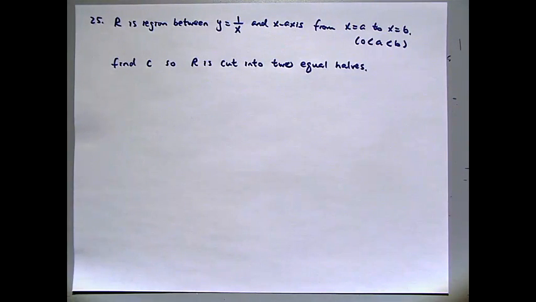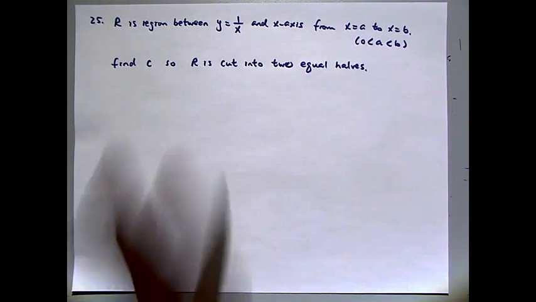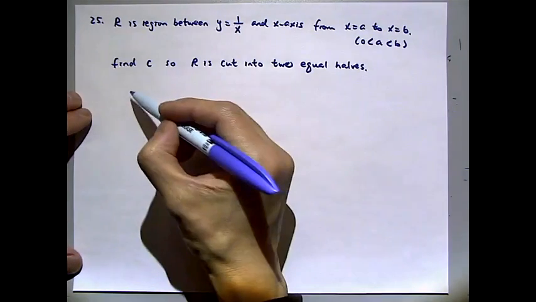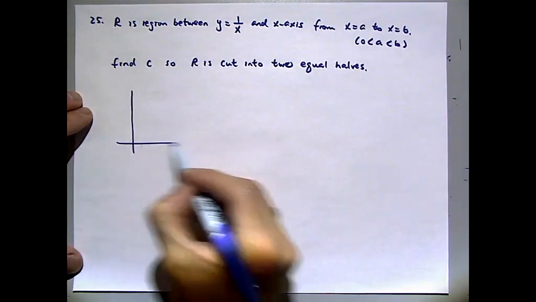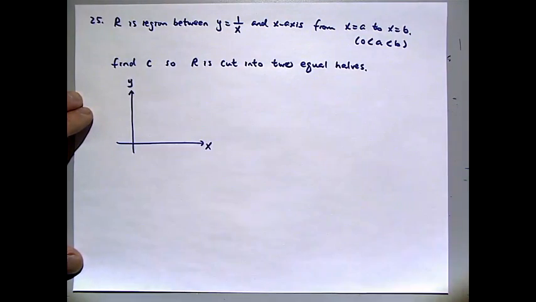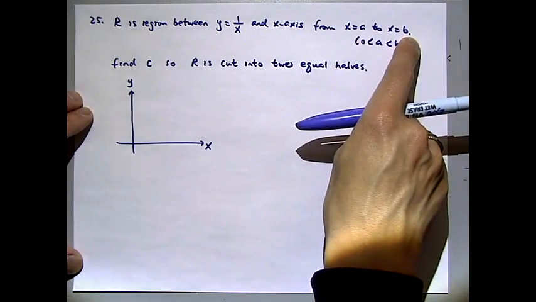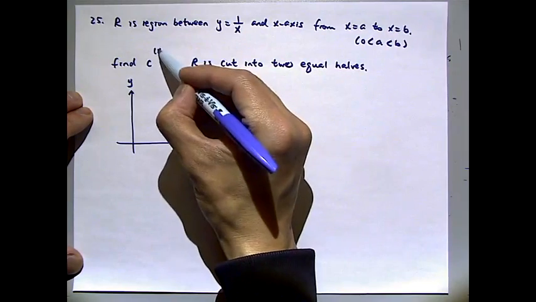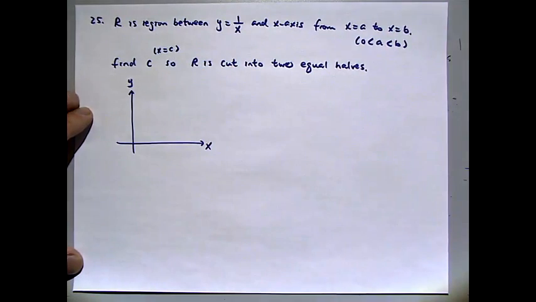We're looking for a number somewhere between a and b such that we cut this area into two equal halves. c is a number between a and b. Find c where x is equal to c such that it cuts R in half.